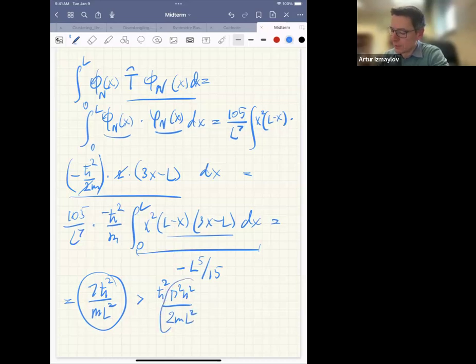So the question here is, if n equals 1, is pi squared over 2 smaller than 7? Pi squared is roughly 9, over 2 is about 4.5. So we have 7 here, 4.5 in the ground state.